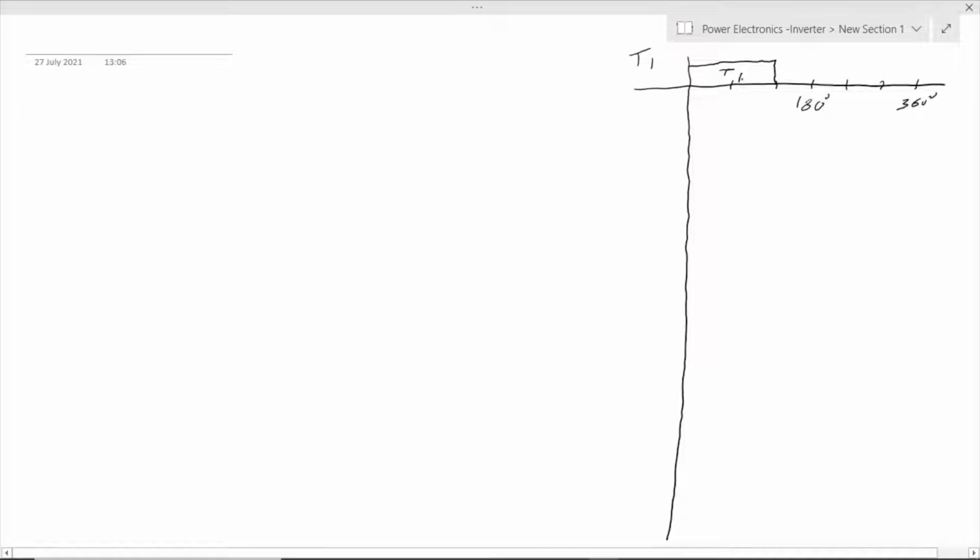If you want to draw for T3, it has to start from 120 degrees; it has to be delayed.